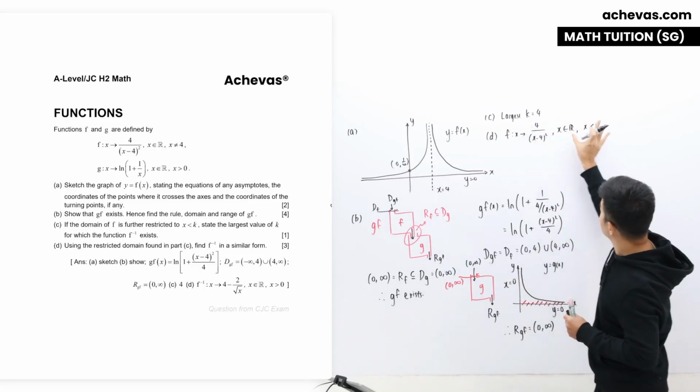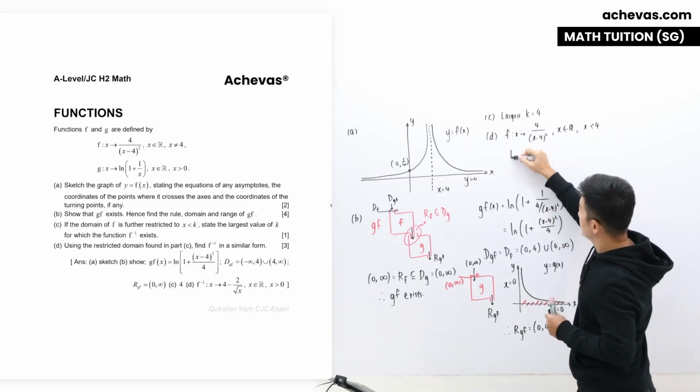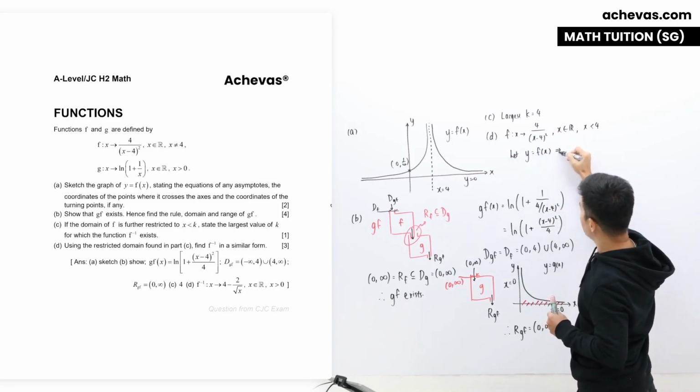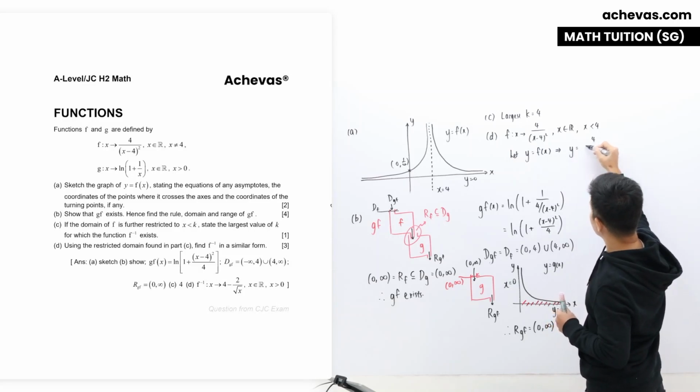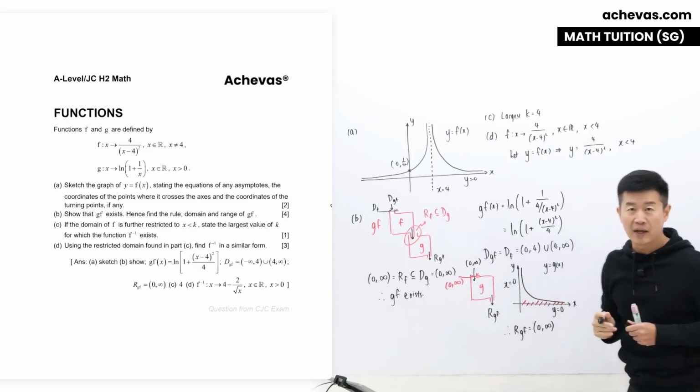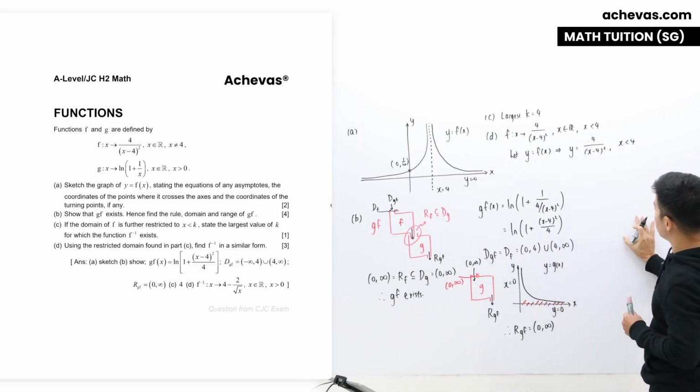We are applying this here. So from this, we will be letting y be equal to f(x), which means that y is going to be equal to 4 over (x minus 4) squared, where we will be considering this with the domain x is supposed to be less than 4.